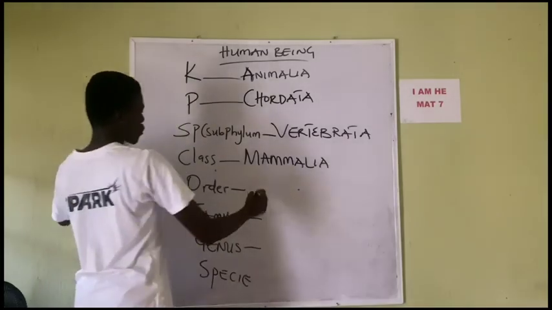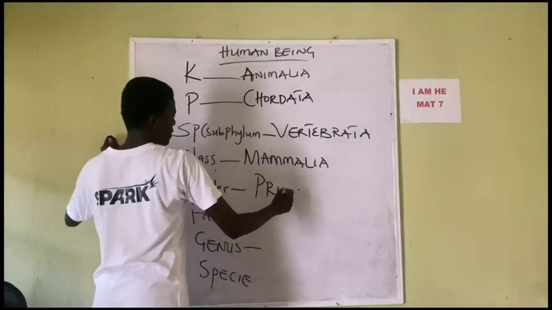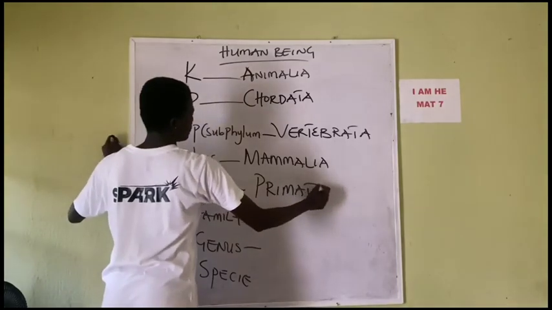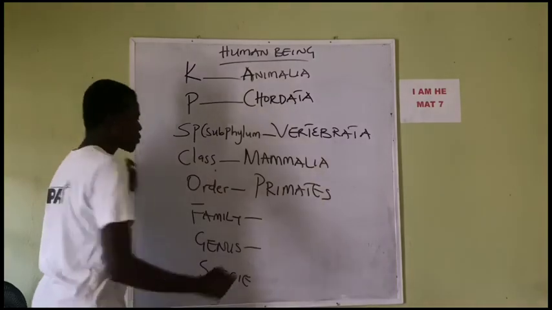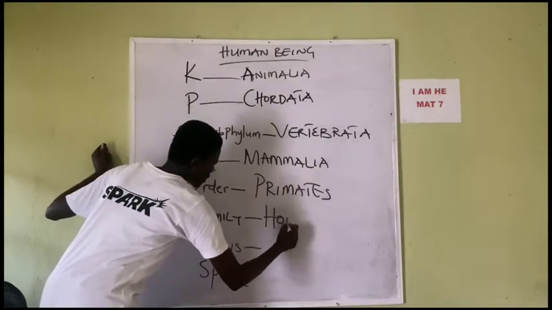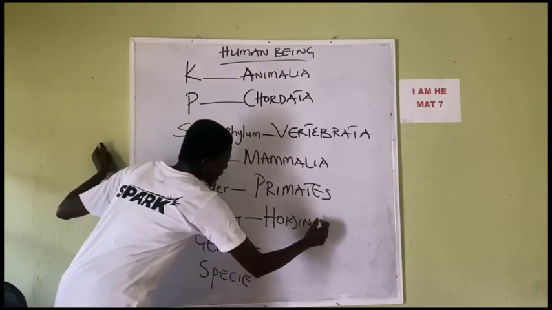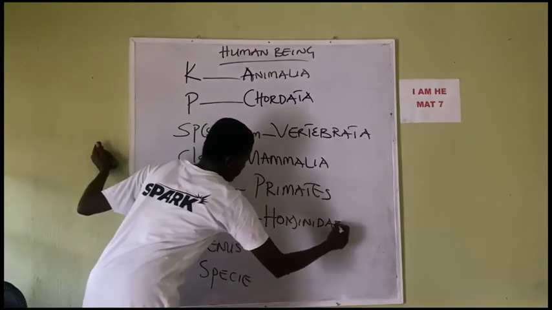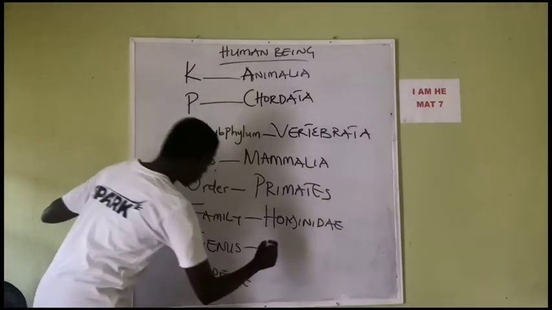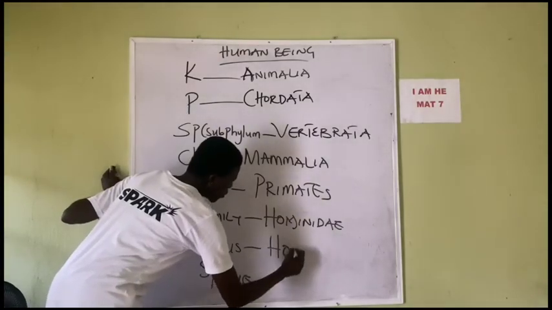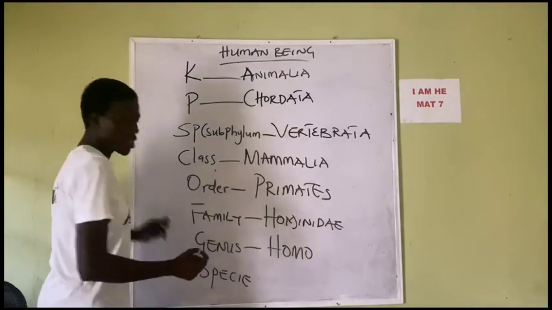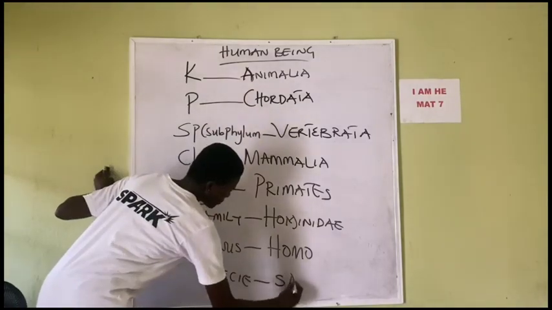In the order, Primates. In the family, Hominidae. In the genus, Homo. Then the species, sapiens.